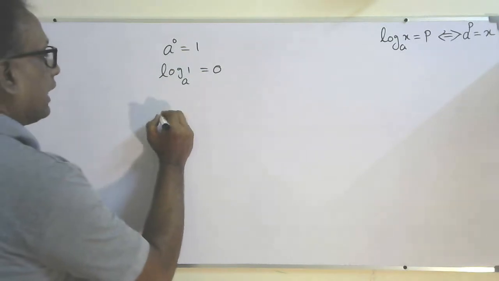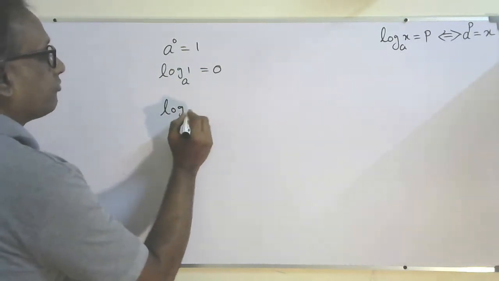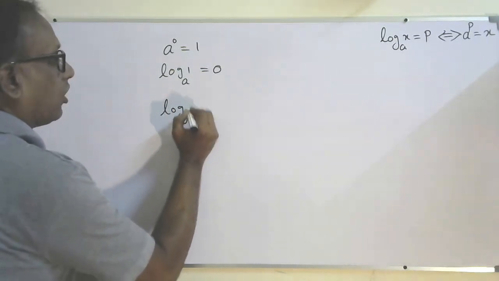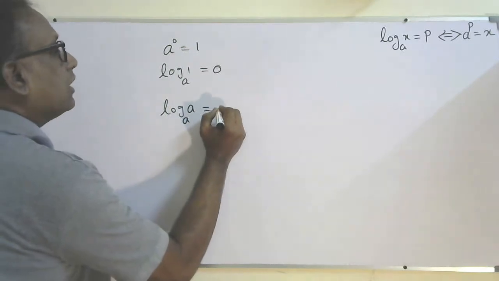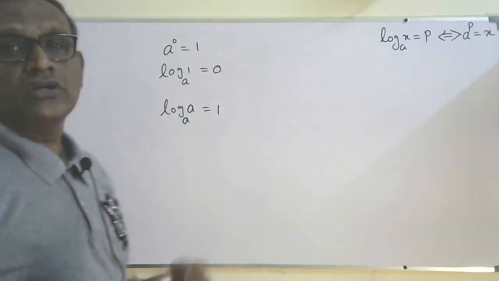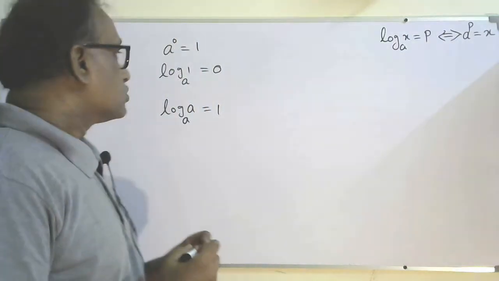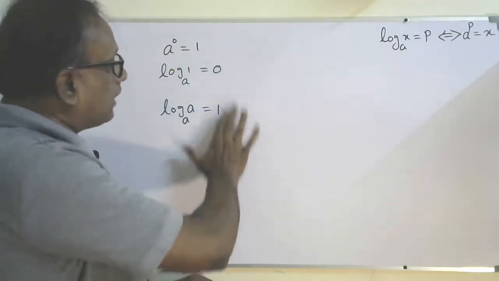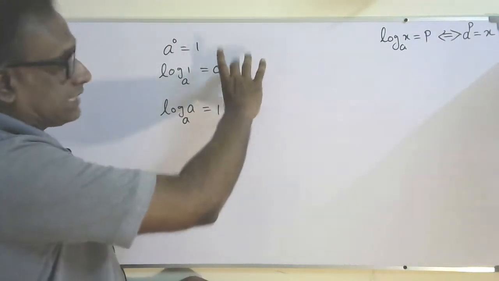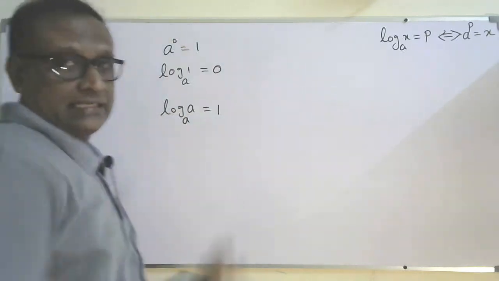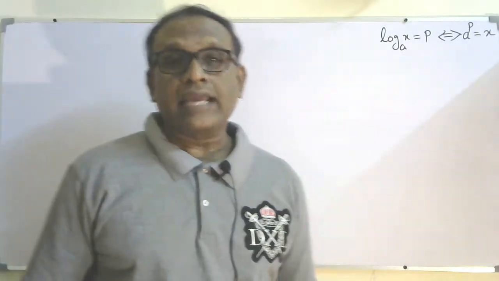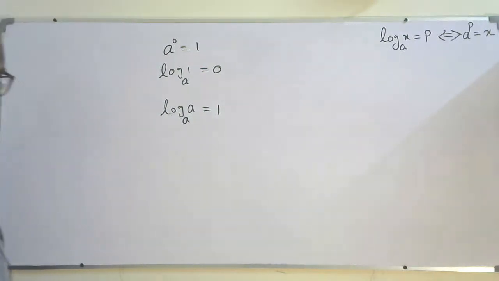Same way we know that log of a base a equal 1. That also is useful when we are solving certain equations. You can see that in my next lesson. So I'm going to use these concepts or these methods in certain calculations later.